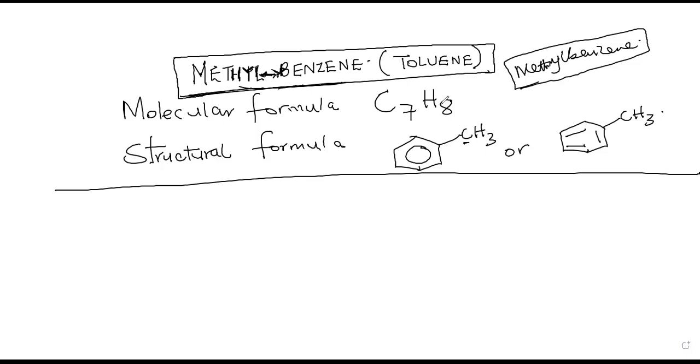Then we shall also look at other substitutions that can happen on the benzene ring, and that will take us to the chemical properties. That is very brief because the details of the reactions show us the orientation of different substituents attached to the methylbenzene.